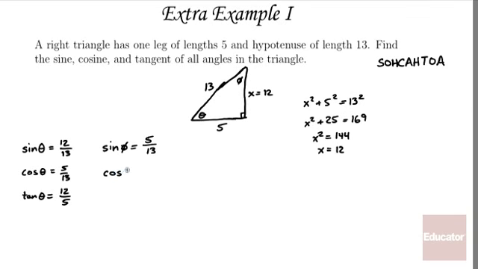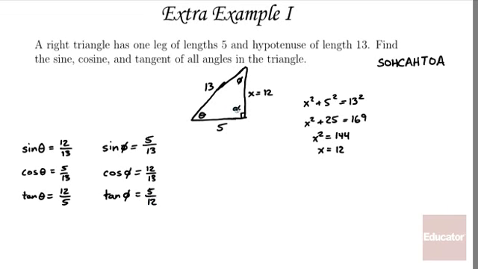The cosine of phi is equal to the adjacent side over the hypotenuse. The side adjacent to phi is 12, so 12 over 13. And the tangent of phi is equal to the opposite over adjacent. Well, the opposite side of phi is 5, and the adjacent side is 12.